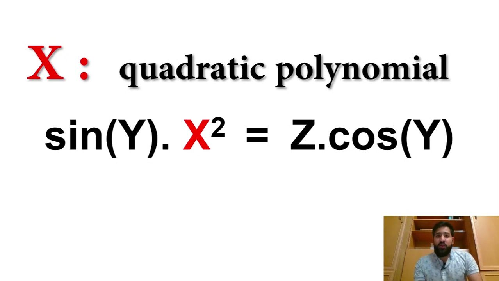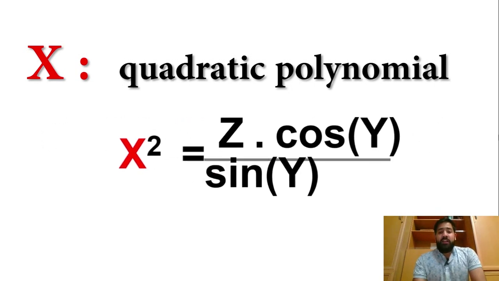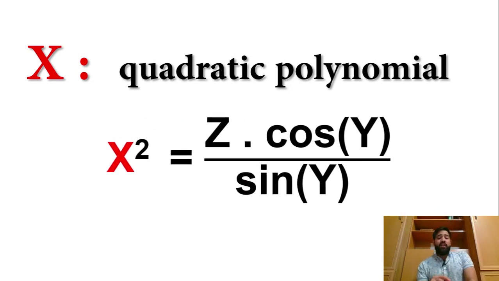We can put x squared on one side and the normal number on the other side. So let's move the sine of y to the other side of the equation. The multiplication changes into division. So we have x squared is equal to z cosine y divided by sine of y.